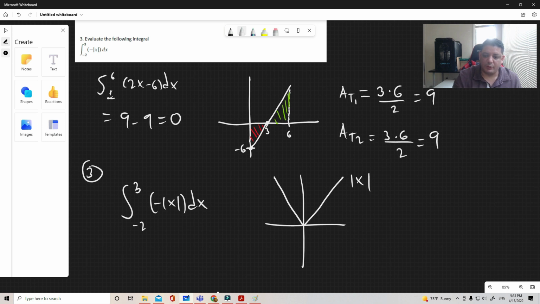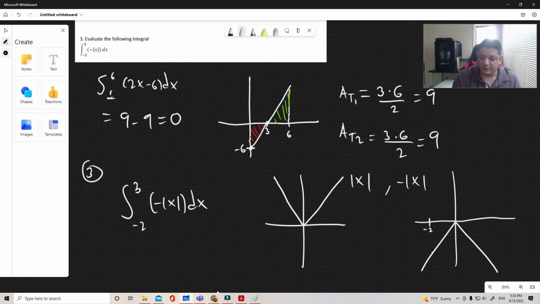And if we have the minus, that's going to cause a reflection on the axis, and we're going to have this type of area. So now we care about minus 2. So minus 2, the absolute value of minus 2 is 2. But because we have a minus in front, that's going to produce a minus 2 over here.